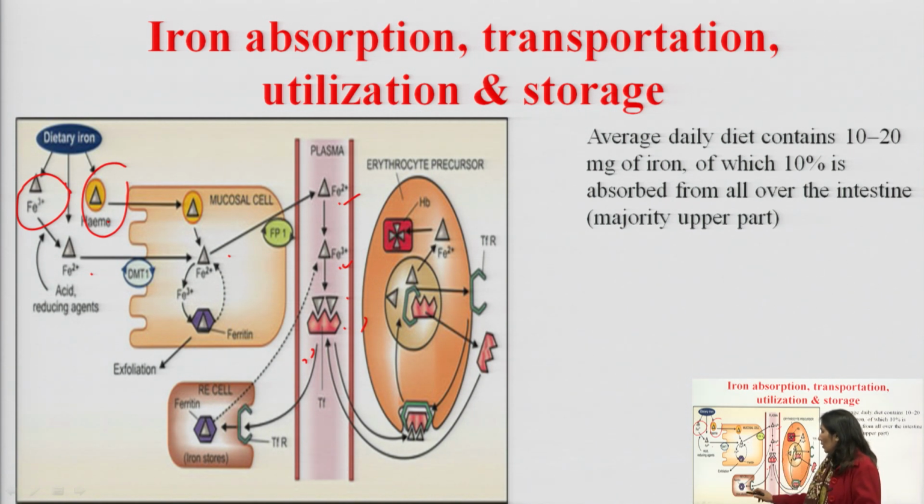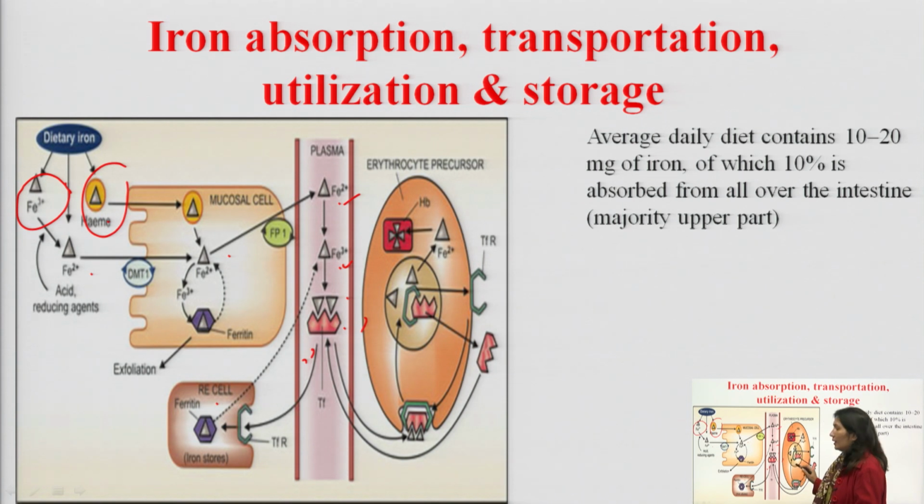The iron is also stored inside the reticuloendothelial cells as ferritin. The complex of transferrin along with the two molecules of ferric binds to the transferrin receptor, which is present on the membrane of erythrocytes.